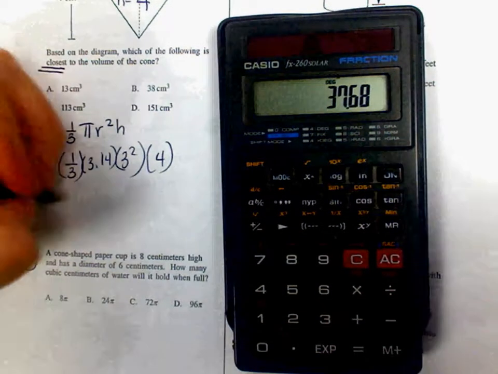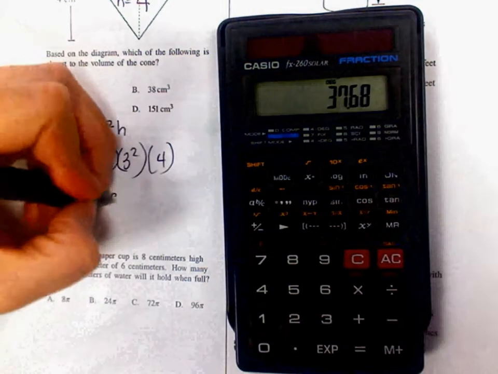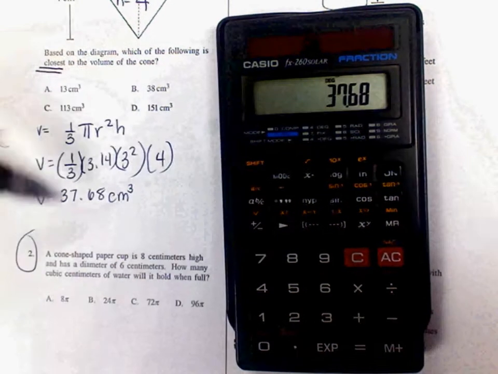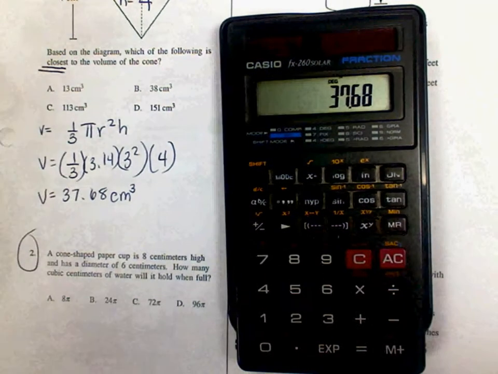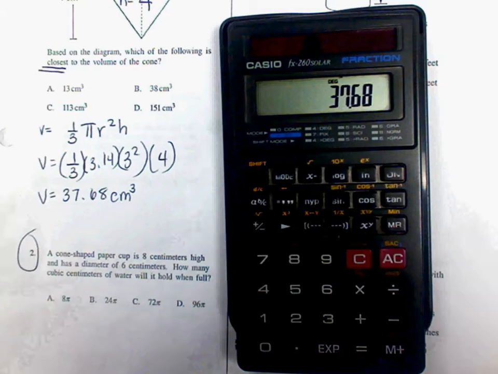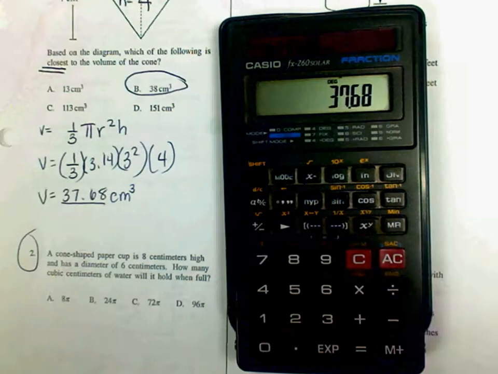That makes the volume 37.68 centimeters cubed. Now, that answer choice is not listed here because the problem says to choose the one that's the closest. So the closest to 37 is 38. So we'll choose that.